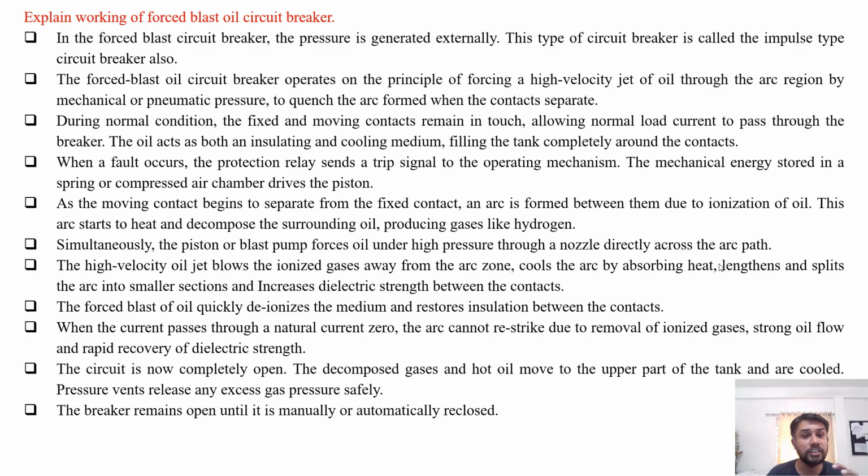The high velocity oil jet blows the ionized gases away from the arc zone, cools the arc by absorbing the heat, lengthens the arc and splits the arc into smaller sections with the help of arc splitters, and increases the dielectric strength between the contacts.